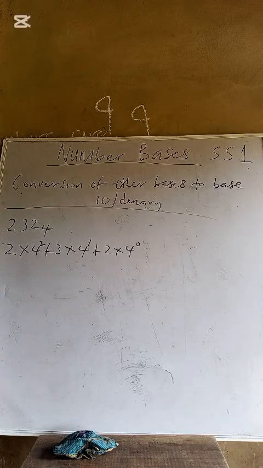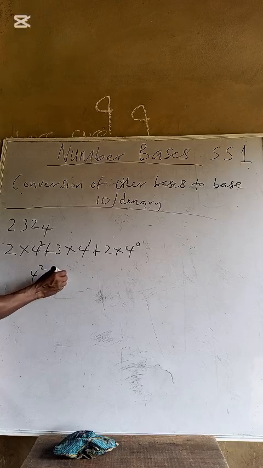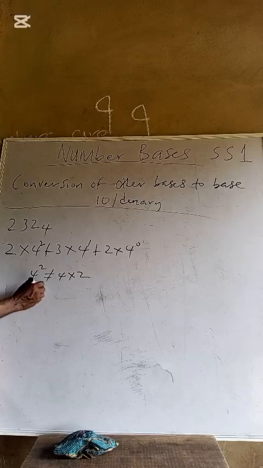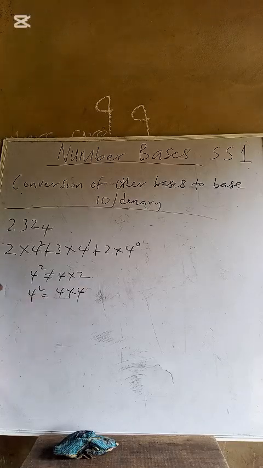Then you can see 4 raised to power 2. Please, SS1, 4 raised to power 2 is not equal to 4 times 2, but 4 raised to power 2 means 4 multiplied by 4.